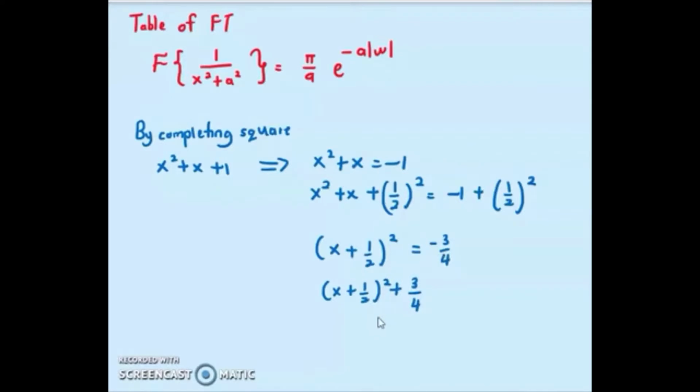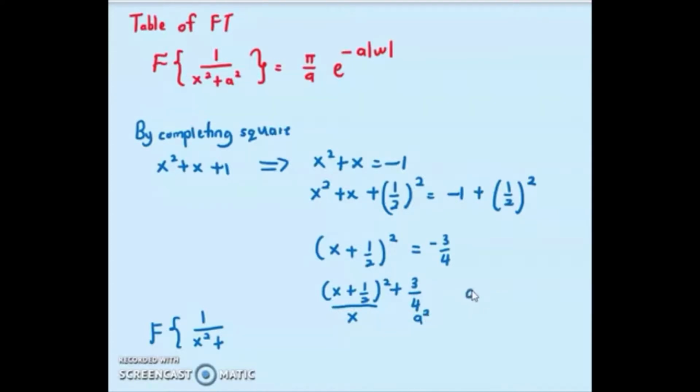Okay, so we have something close to that now. This is my x squared. So the next step we want to do is find the Fourier transform of 1 over x squared plus a squared, where this whole thing is my x, and this is my a squared.